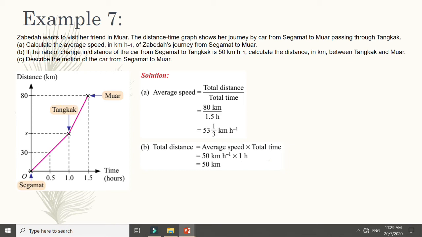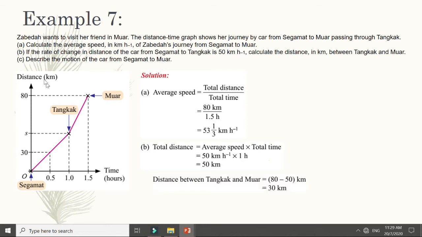So you're given 50, 50 times 1 hour here. Okay, 0 to 1 hour. So you will have 50 km over here. Therefore, you can answer the question already. The journey from Tangkak to Muar will be 80 minus 50, which is 30 km.